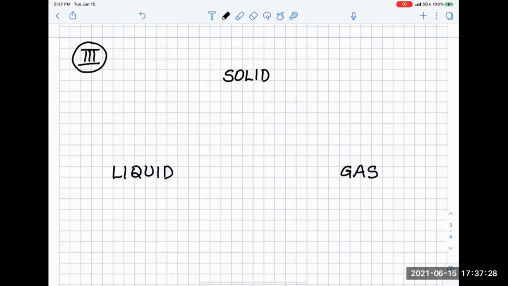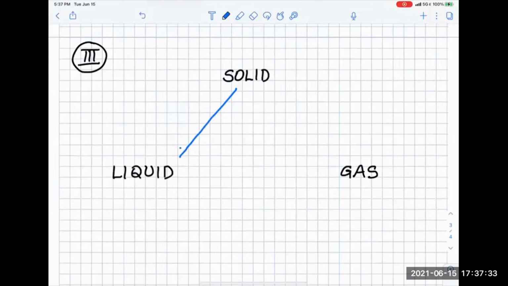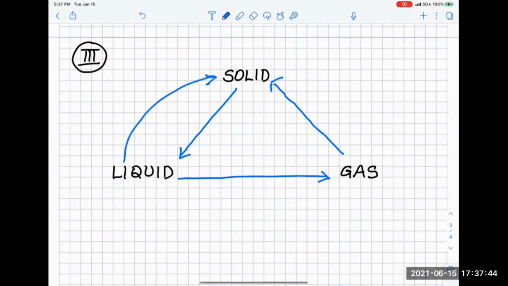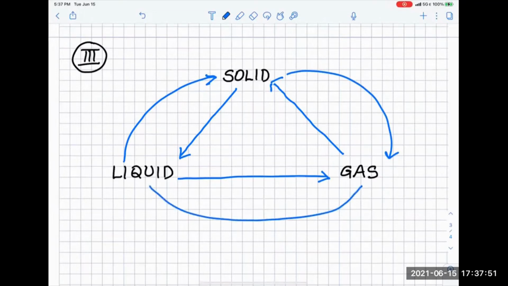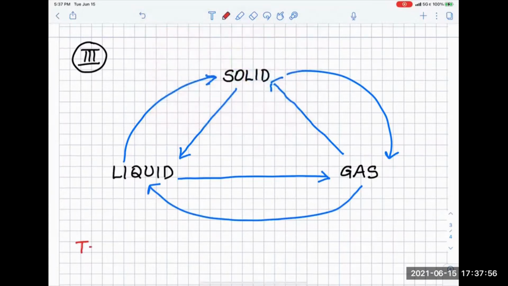How? Just by changing the temperatures. So solid can be made into a liquid, liquid can be made into a gas, and gas can be made into a solid. And on the other hand, the liquid can be made into a solid, solid can be made into a gas, and the gas can be made into a liquid just by changing the temperature. So here, T stands for temperature. Now, something about chemistry. We use a lot of short forms.